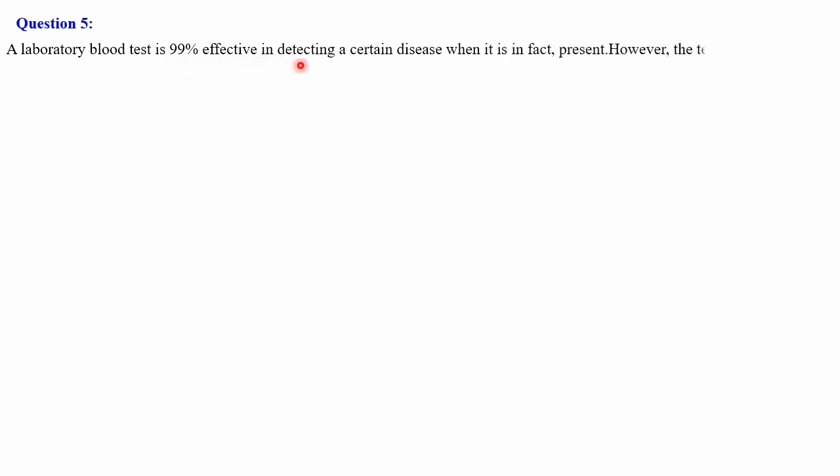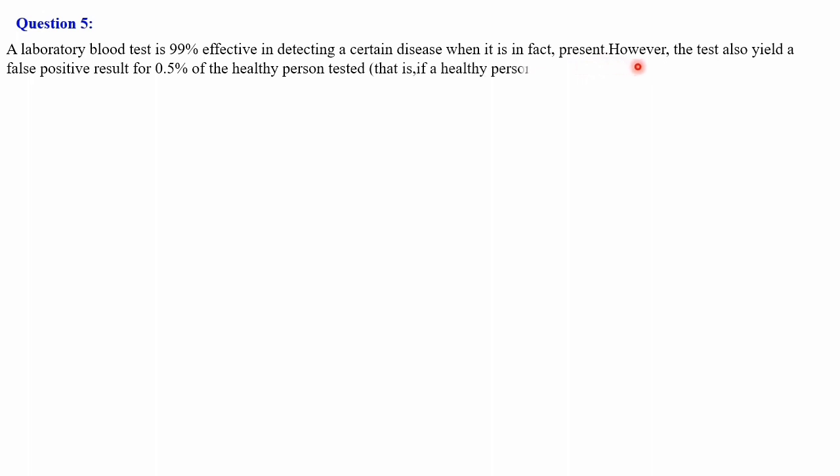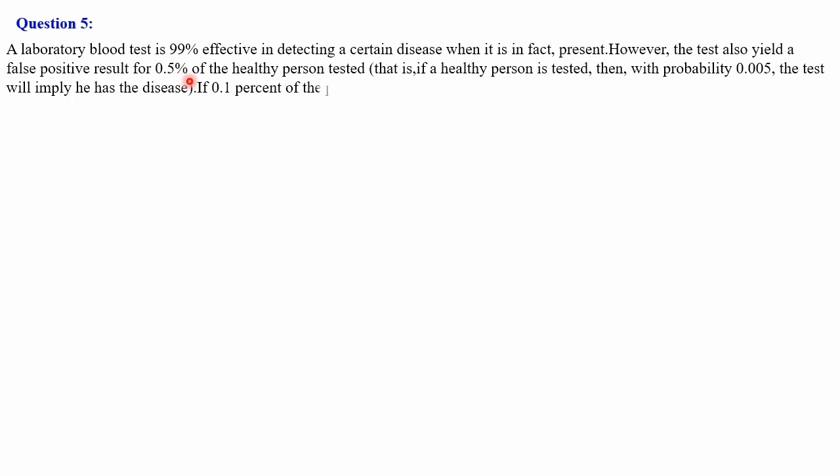Next we shall discuss question number 5. The question is, a laboratory blood test is 99% effective in detecting a certain disease when it is in fact present. However, the test also yields a false positive result for 0.5% of the healthy person tested.